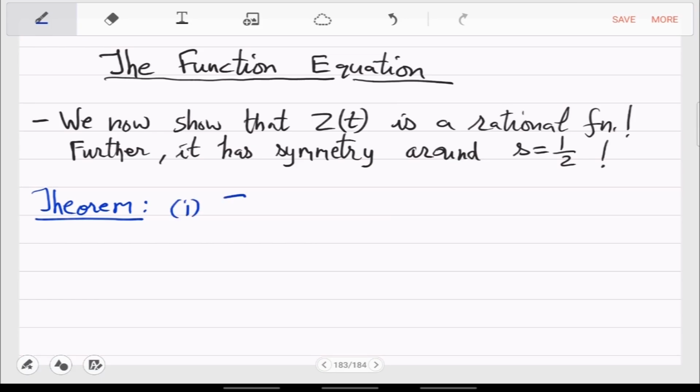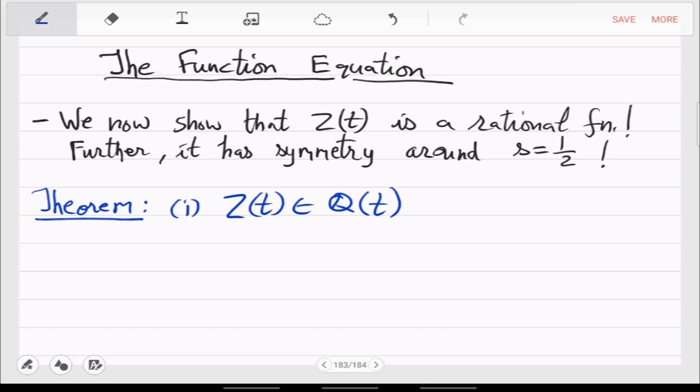So first is that Z of t is in Q of t. Although there was no reason for this to happen, because we define it as a power series. Almost all power series are outside Q of t. And in fact, it's even worse. Almost all power series are even outside the algebraic closure of Q of t, right?